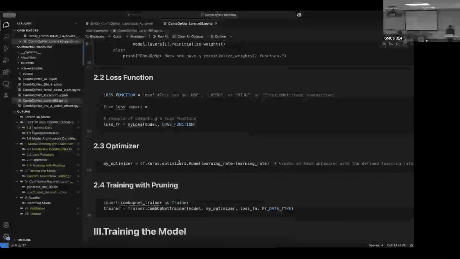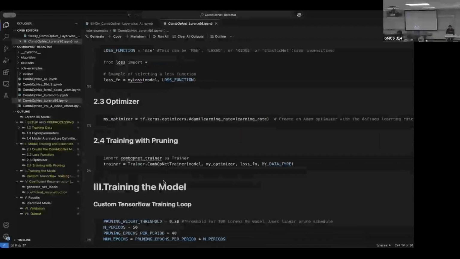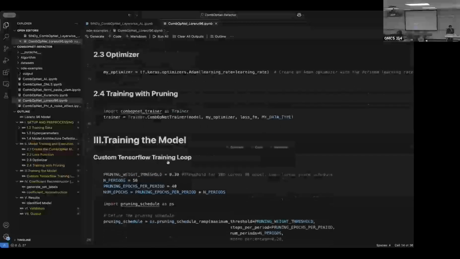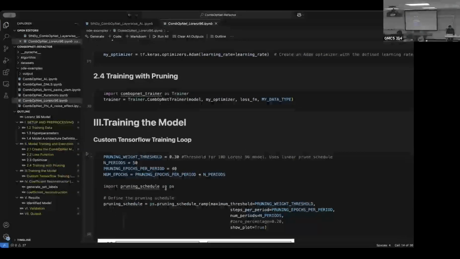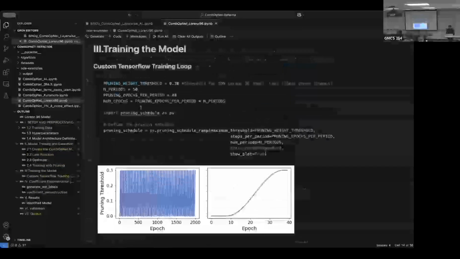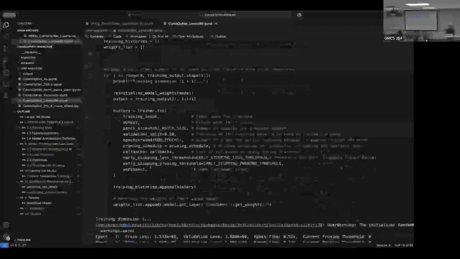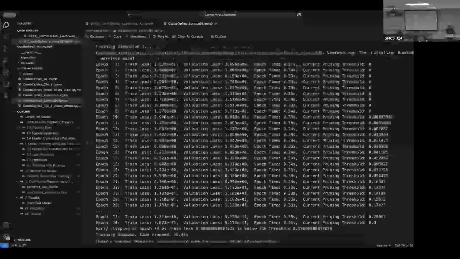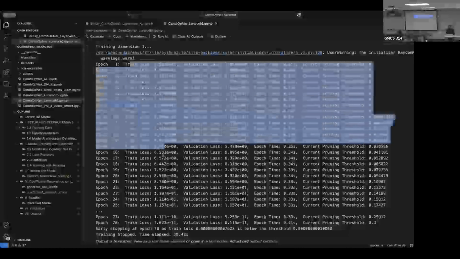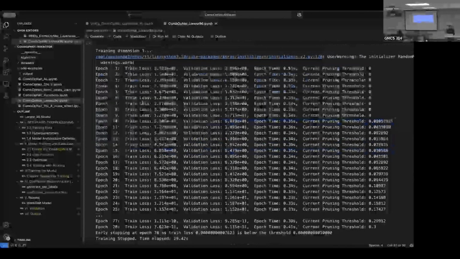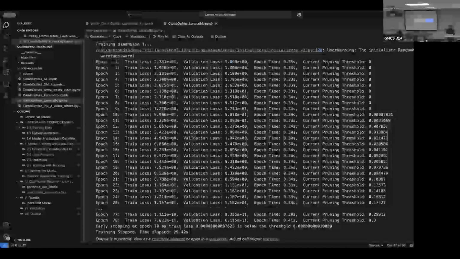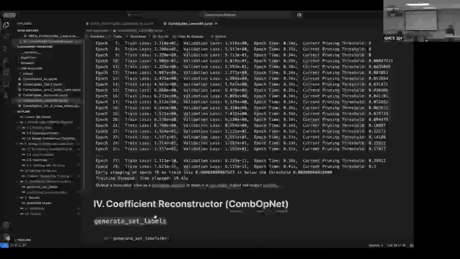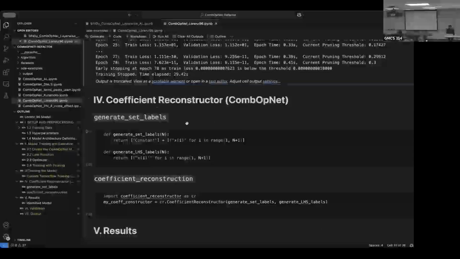You define your loss function and your optimizer, and then this is the trainer. Then you have your pruning, set up your threshold, and start training. It will report the error for each epoch, and the pruning threshold for each epoch. And this part is for the coefficient reconstructor.